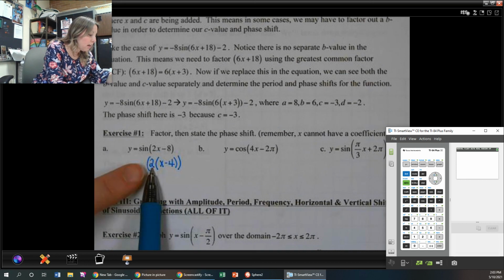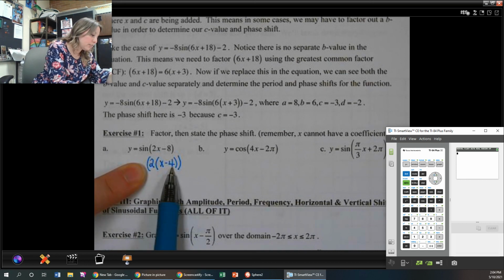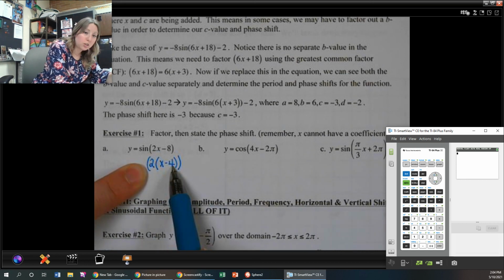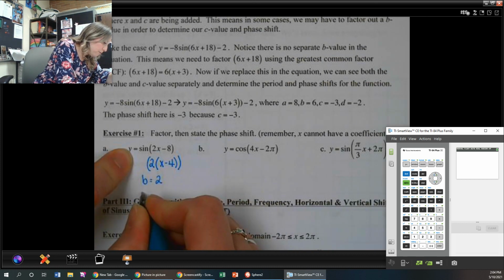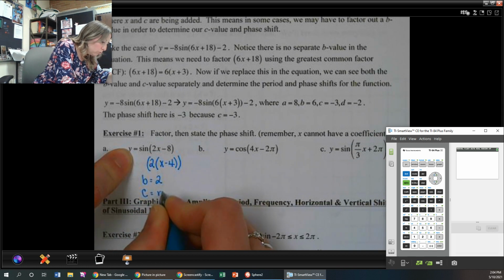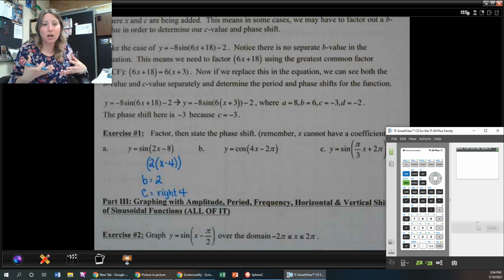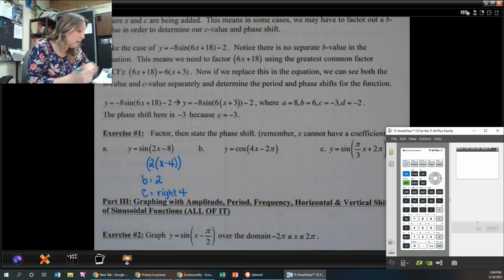What this tells me right here is that my phase shift is to the right 4. So my B value here is 2, and my phase shift is my C value, and we're going to the right 4 because it's technically the opposite sign. So it's going right.